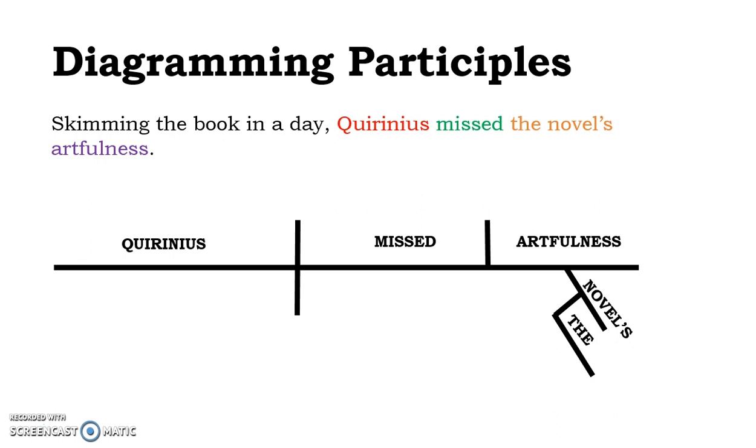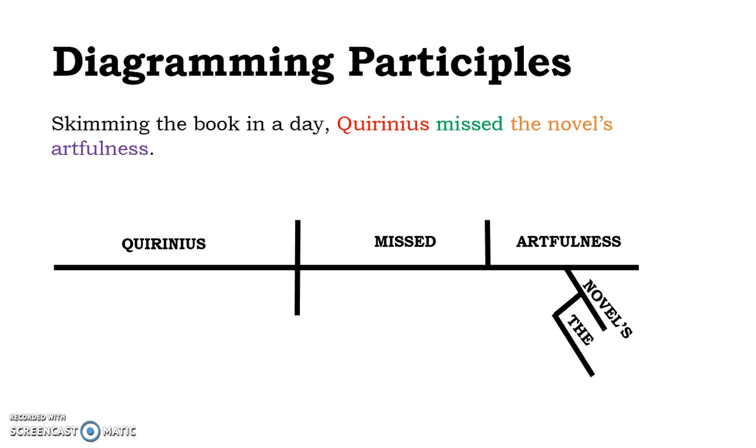Just a quick word about this kind of construction. What you see right here, novel's is a possessive adjective. So it's an adjective coming from artfulness. But notice that "the" is actually connected to novel's. I'm not saying they're not separate modifiers. The here in the sentence is modifying novel's artfulness.